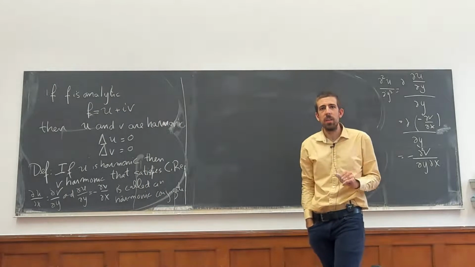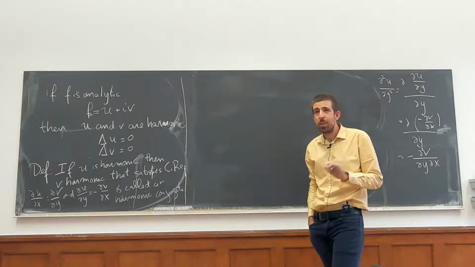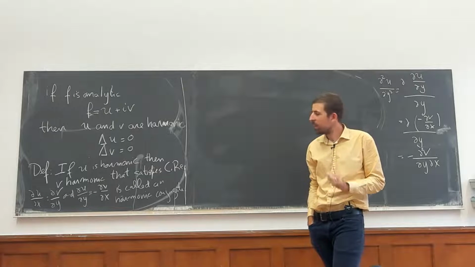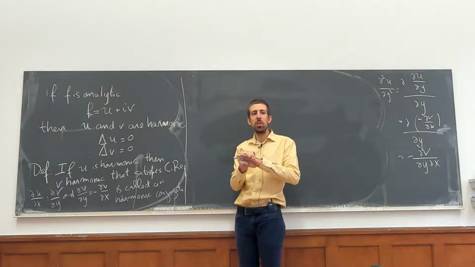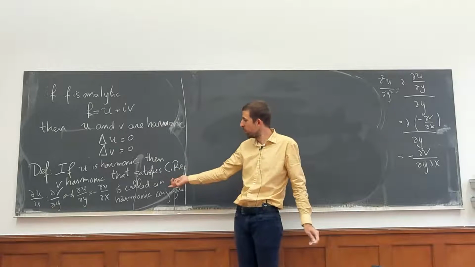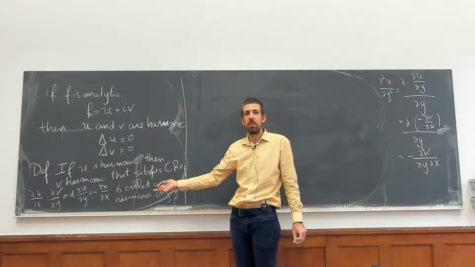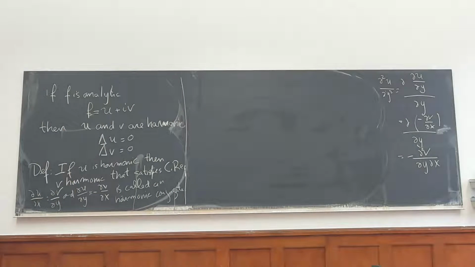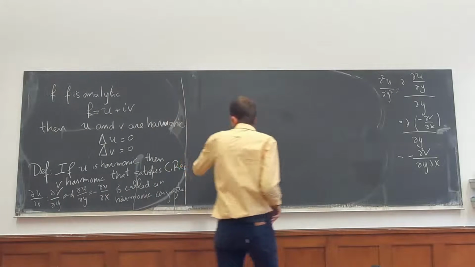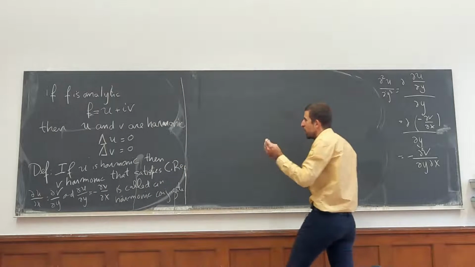Notice too, it's maybe important to point out that we got u and proved that u is harmonic. The only thing we used was the Cauchy-Riemann equations. So something having a harmonic conjugate is very, very strong, and in particular, you don't need to imply that it's harmonic to start with.